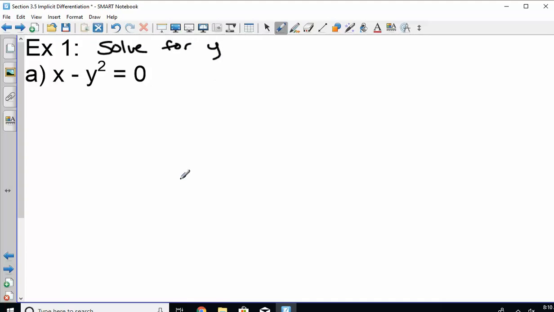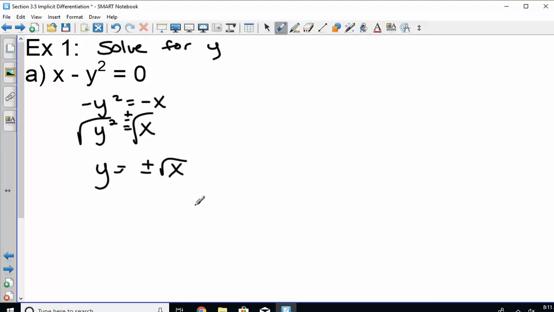What would you do to solve that for y? Okay, subtract the x. Before a square root, let's divide by -1. And then the square root, when you add a square root, you do plus and minus, so you would get y equals plus and minus the square root of x.